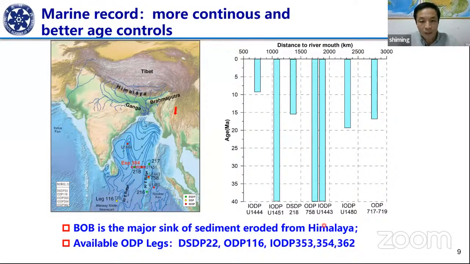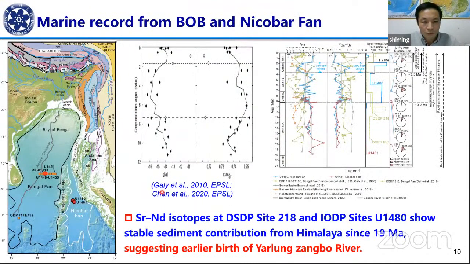So these are very useful materials. Previous studies by Galy and Chen used strontium and lithium isotopes at DSDP site 218 in the Bay of Bengal, and also IODP sites U1450 and U1480 from the Nicobar fan, which is close to the Bay of Bengal. All these studies show a very stable provenance contribution of sediment from the Himalaya since around 19 million years.